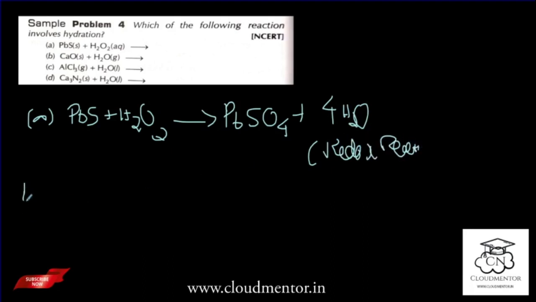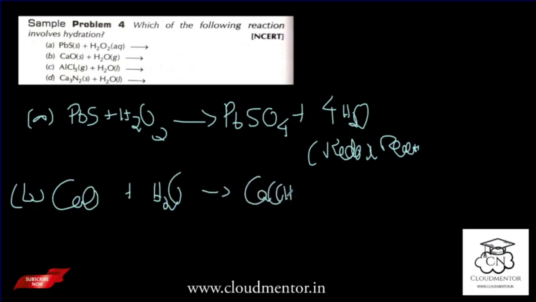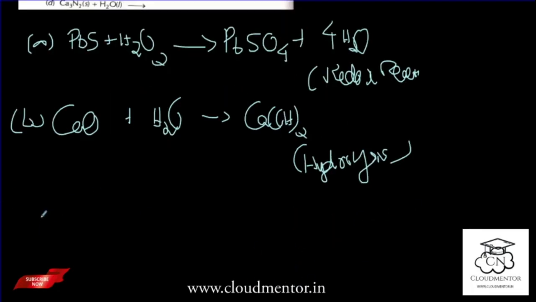And the second one, CaO, calcium oxide reacts with H2O, and it gives Ca(OH)2, and this is a hydrolysis reaction. Okay, hydrolysis. And now the next reaction, it is AlCl3 plus 6H2O.